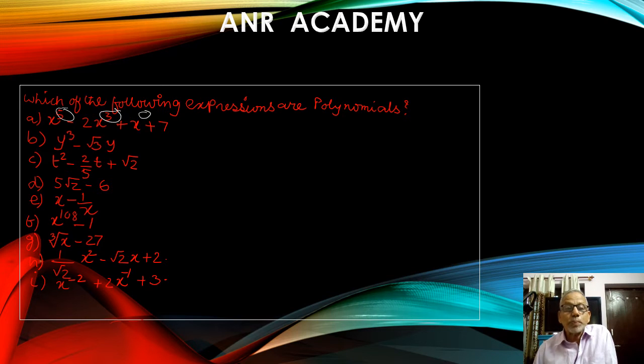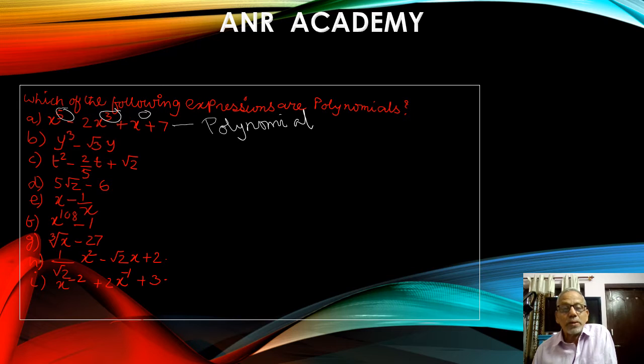So all these powers are non-negative integers. So this is a polynomial. Let us write a tick mark for polynomials and a cross mark for the expressions which are not polynomials.